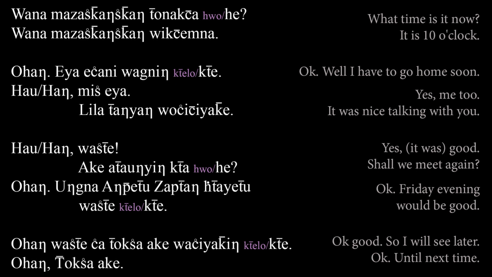Also, when they're speaking in the future tense, normally in a formal way, men will say ktelo. But in an informal way, in the Tiospaye way, they will say kte. That word has 2 meanings.